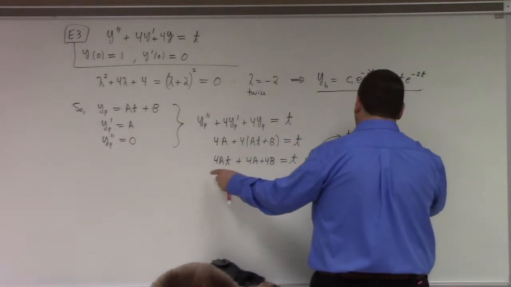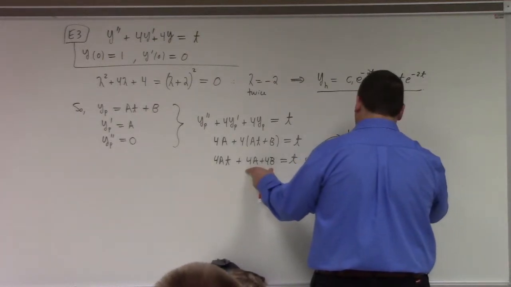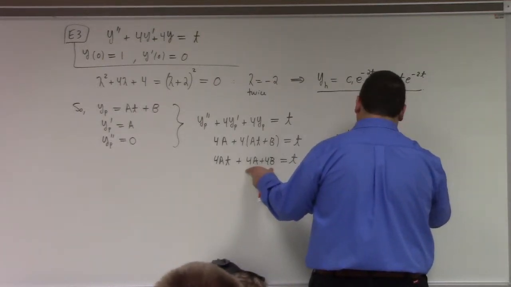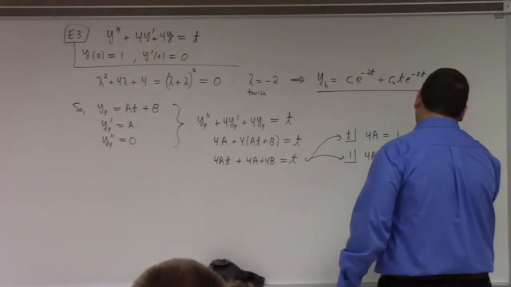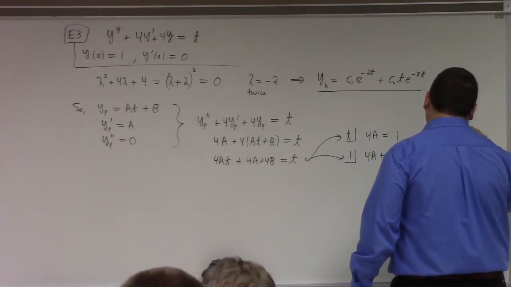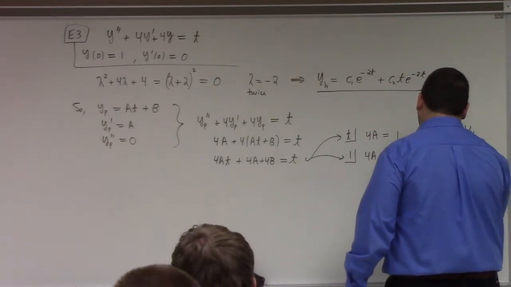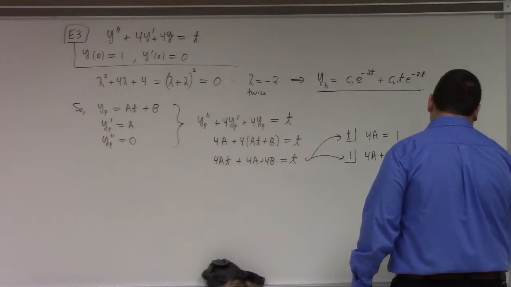The coefficient of t, I've got 4A equals 1. The coefficient of 1, I've got 4A plus 4B equals 0. So we find that A is 1/4, and this tells me that 4B is equal to minus 1, or B is minus 1/4.